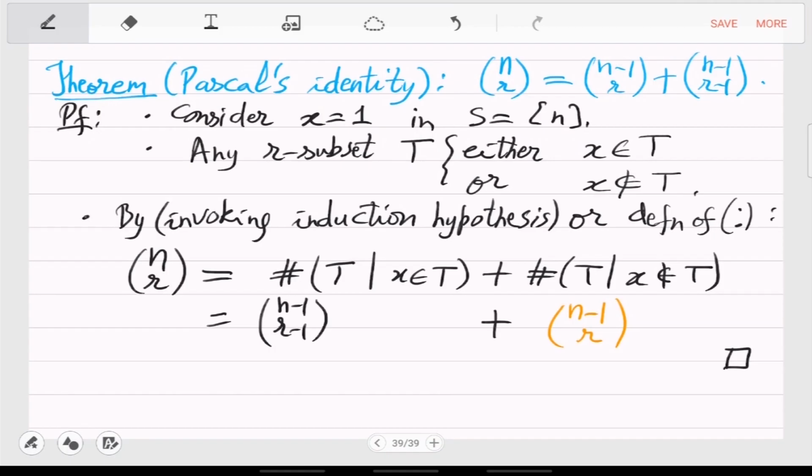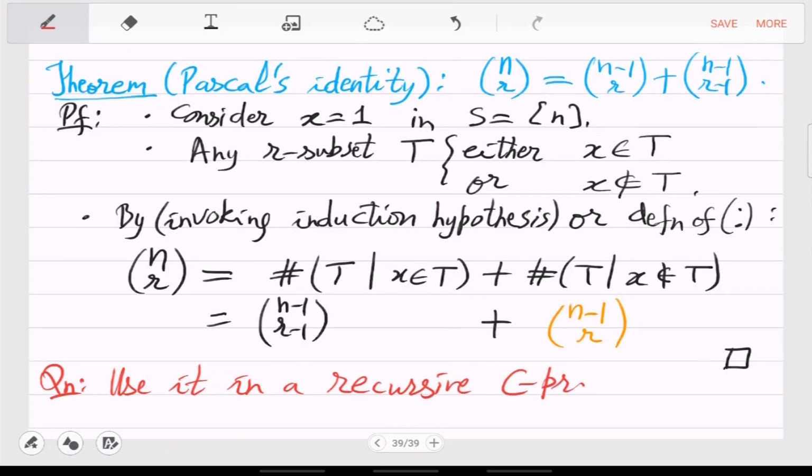So what happens if you use this in a recursive C program? What will happen? Will that program run fast and give you a solution?